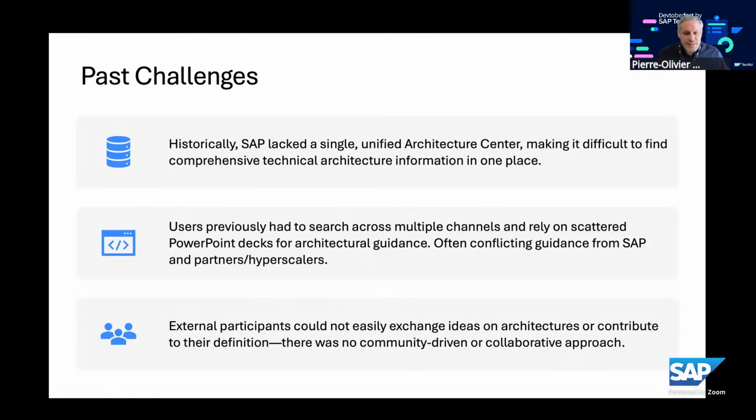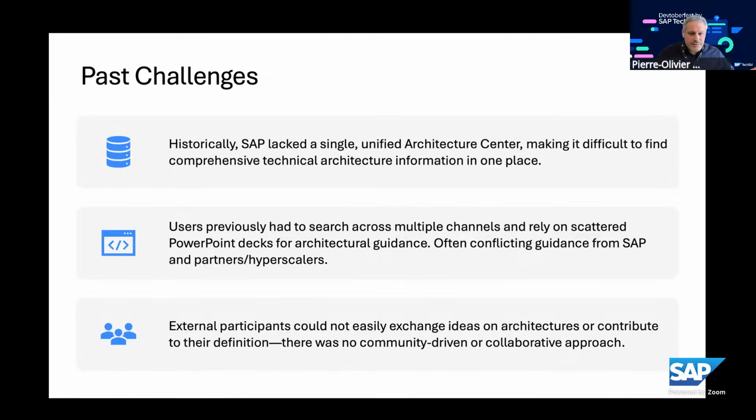The past challenge, if you are familiar, is a single entry point for technical information. So when you wanted to have some information, you had to go through multiple channels, including PowerPoints, sometimes too many PowerPoints, and it was not possible to have some external contributions.